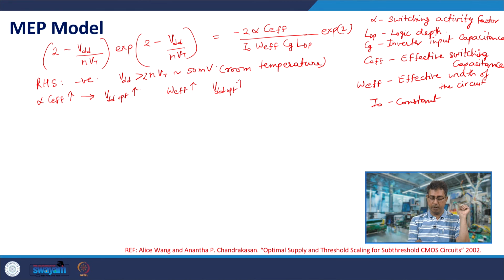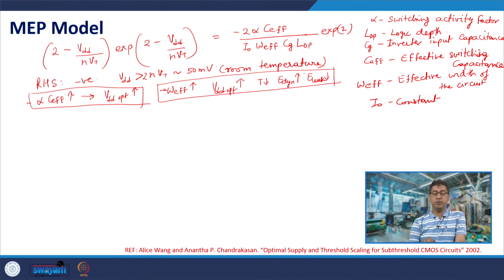So, VDD optimum increases because time period reduces: E dynamic increases, E leakage reduces. When you increase the value of W effective, because leakage currents have increased, leakage energy increases. Now, you want to reduce it. So, you increase VDD, time period reduces, leakage energy reduces, but dynamic energy increases. So, you find a new optimum.